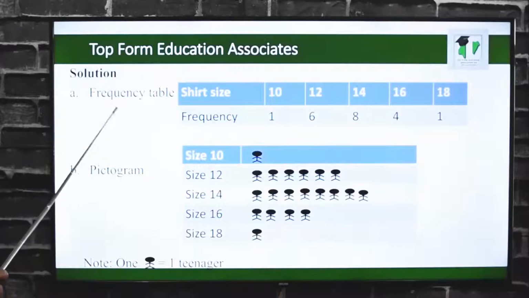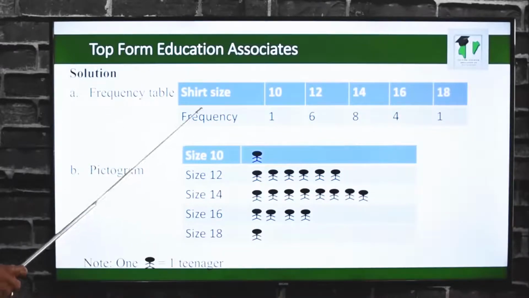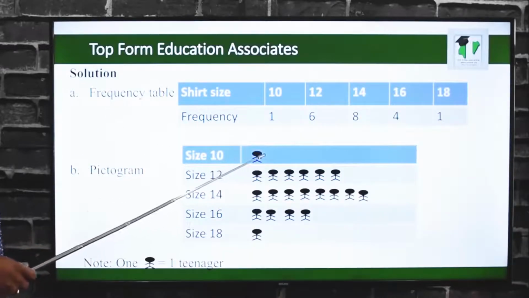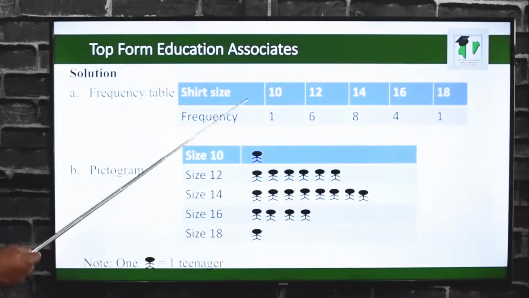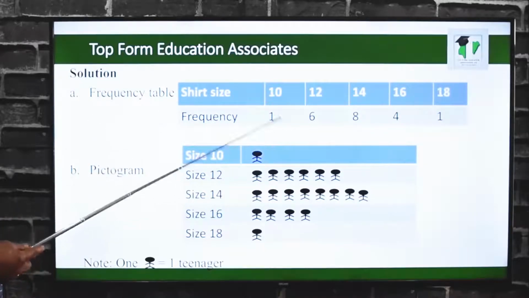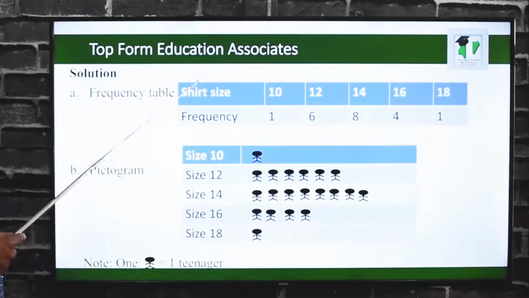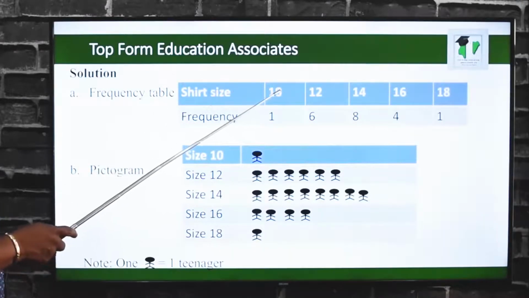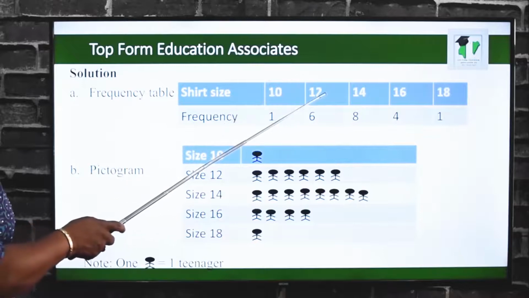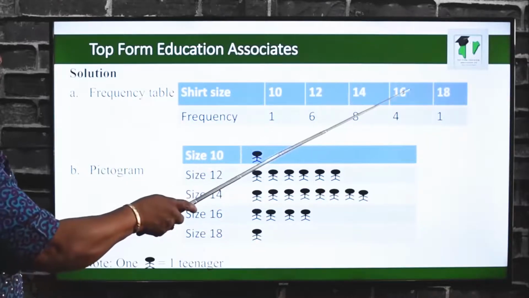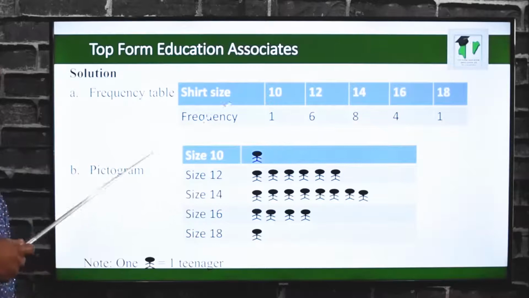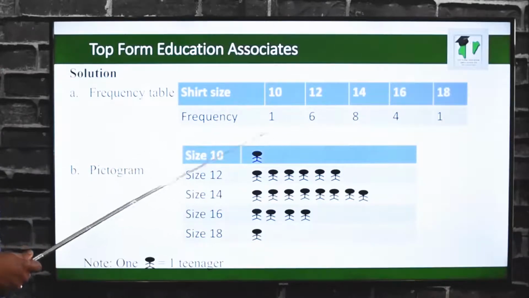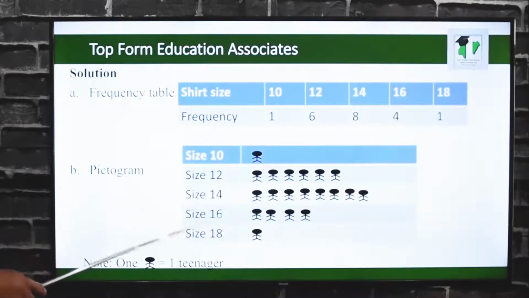Solution. Frequency table. We always have 2 rows. The first row will show you the data. In this case, the data is shirt size. The sizes are column 1: 10, 12, 14, 16, 18. These are sizes of the shirt. Then frequency.